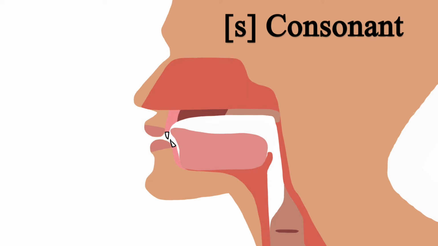S, sh, s, sh. For example, the S sound, as in sa. With this sound, you bring the tip of your tongue close to the gum ridge to make the narrow passage. S, s, s.